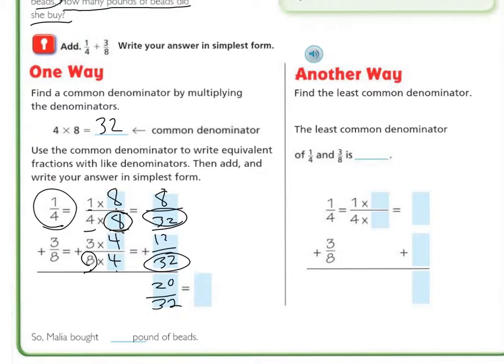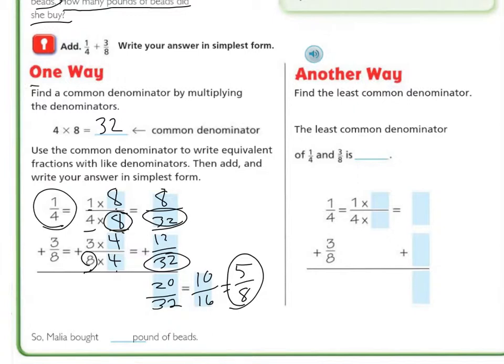Let's try 2. 2 goes into 20 10 times, and 2 goes into 32 16 times. I could keep going because I know 2 can go into those numbers again, or I could have found a higher number in the beginning. But let's try 2 again. 2 goes into 10 5 times, and 2 goes into 16 8 times. So my simplest form is going to be 5/8.